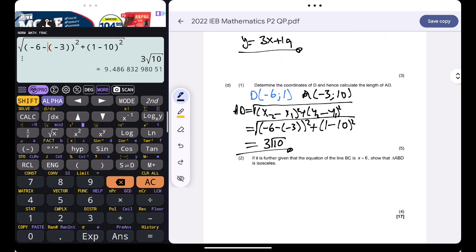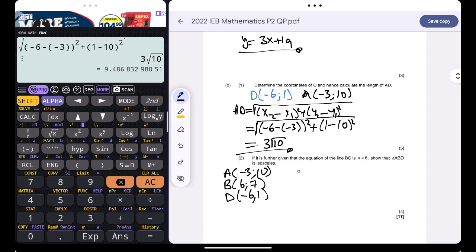Okay, I do have the coordinates. The coordinates of A are negative 3 and 10, right? Coordinates of B are 6 and 7, as I just calculated, and the coordinates of D are negative 6 and 1.